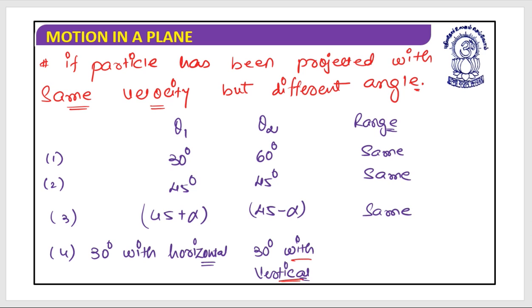So when you consider an angle, you must consider it from one place. If it is 30 degrees with vertical, it must be 60 degrees with horizontal. I hope you are clear with this. So this is 30 degrees with the horizontal and indirectly 60 degrees with the horizontal. So again the range would be the same.